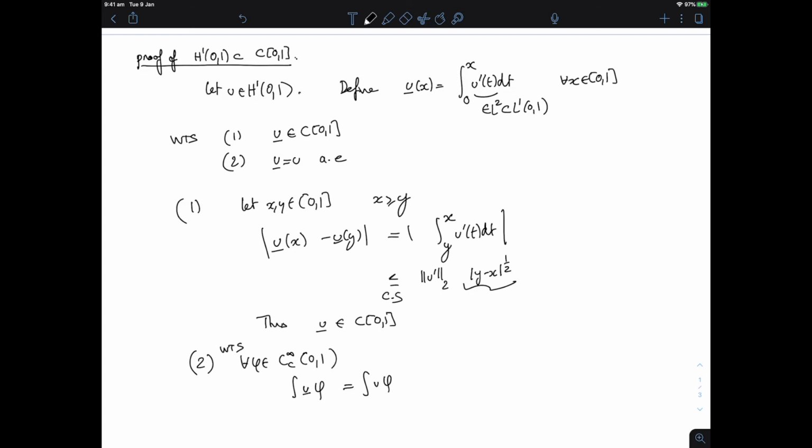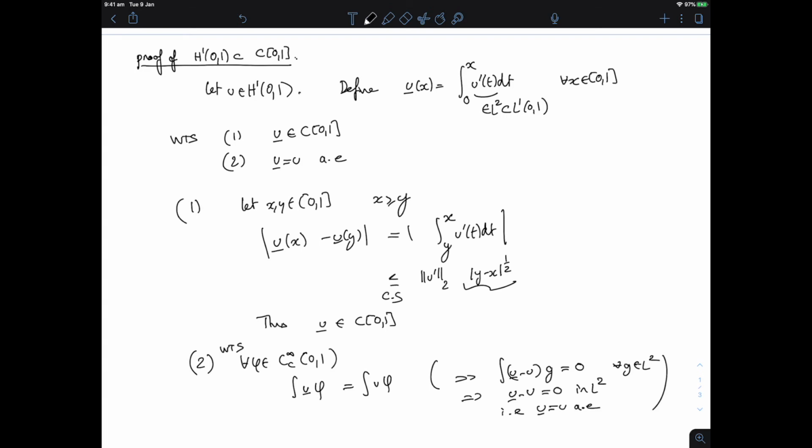If this is true for every phi in C infinity compactly supported, because this set is dense in L2 of [0, 1], this would imply that the integral of (u bar minus u) times g is 0 for all g in L2, which would imply that u bar minus u is 0 in L2, which is the same as saying that u bar is u almost everywhere.